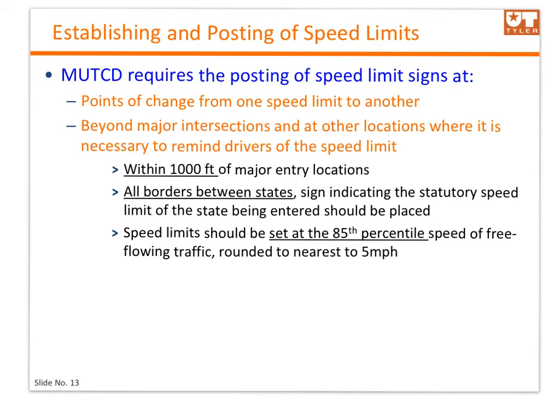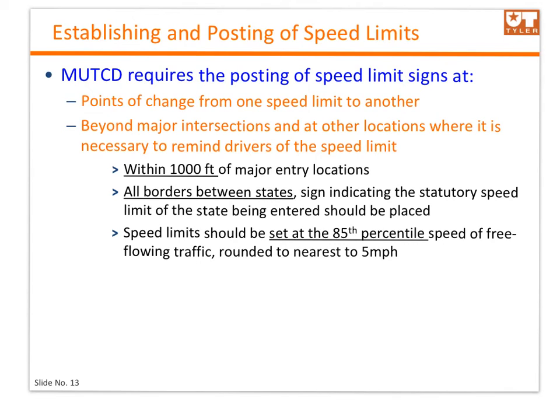When it comes now to establishing and posting speed limits, the MUTCD requires the posting of speed limit signs at certain locations. First of all, it has to be posted at points of change from one speed limit to another.